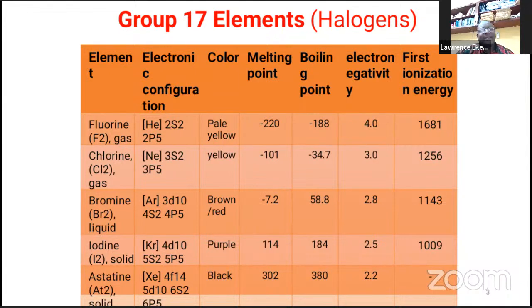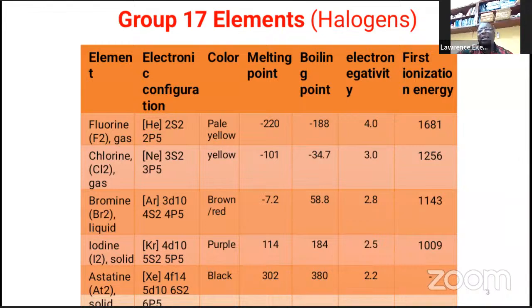The electronegativity decreases down the group, while the ionization energy also decreases down the group. As you go down the group, the outer shell will be far away from the nucleus, and you will need less energy to pull out the electron from the resistance of the nucleus.